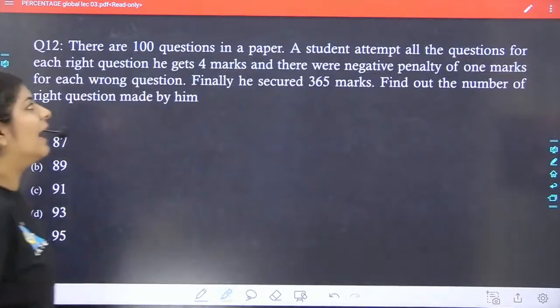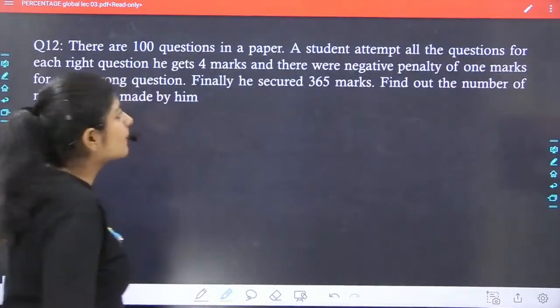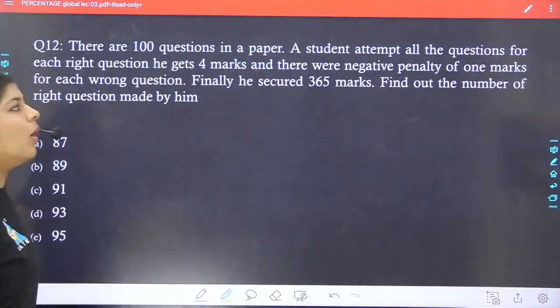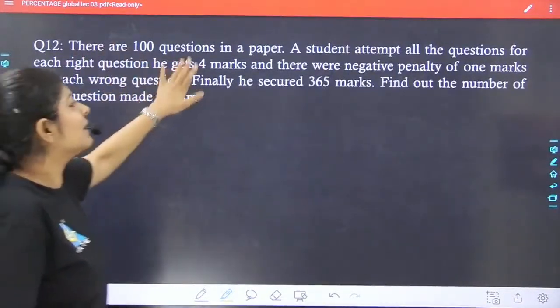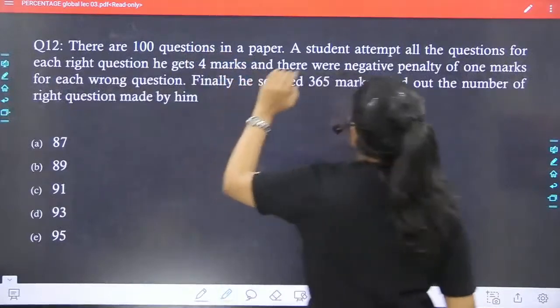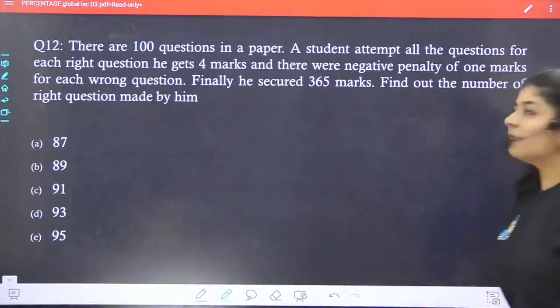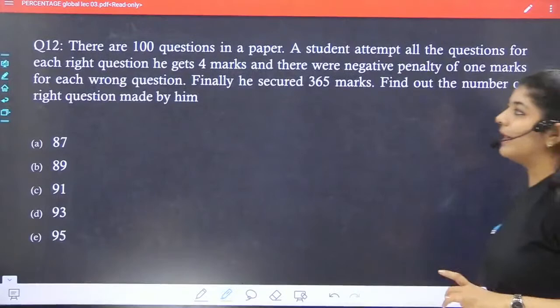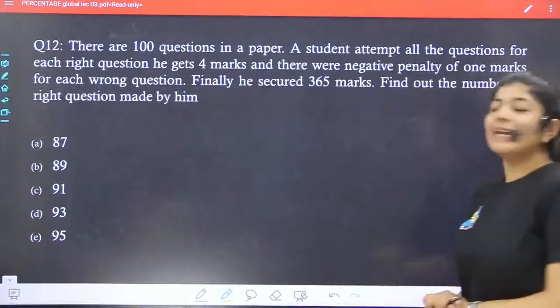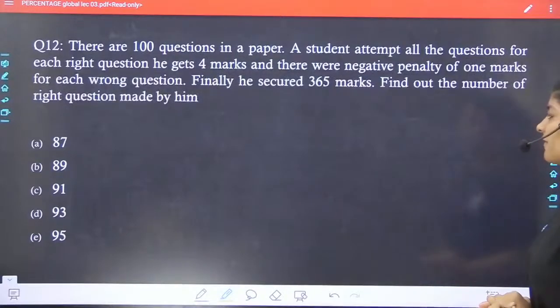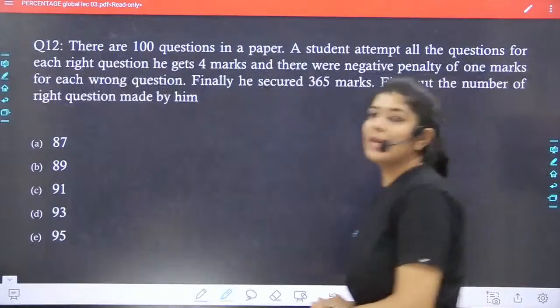There are 100 questions in a paper. A student attempts all the questions. For each right question, he gets 4 marks, and there is a negative penalty of 1 mark for each wrong question. Finally, he secured 365 marks. Find out the number of right questions made by him.